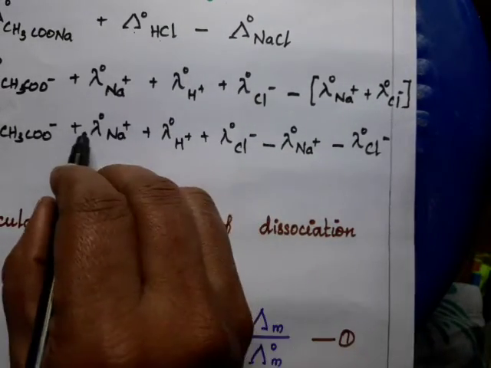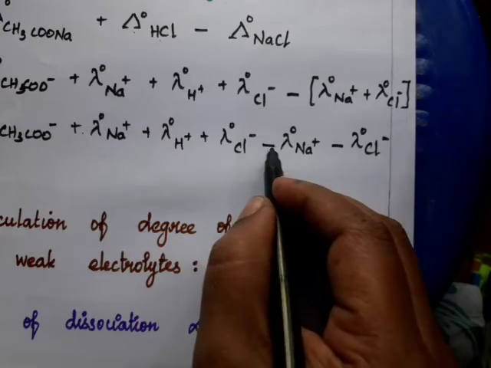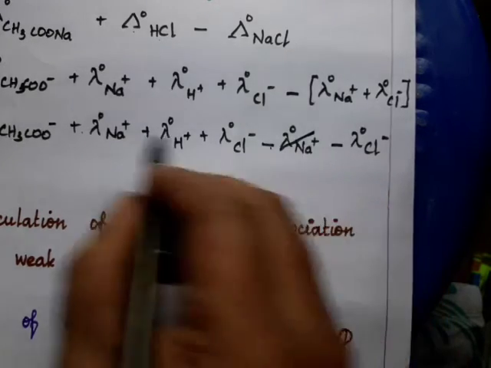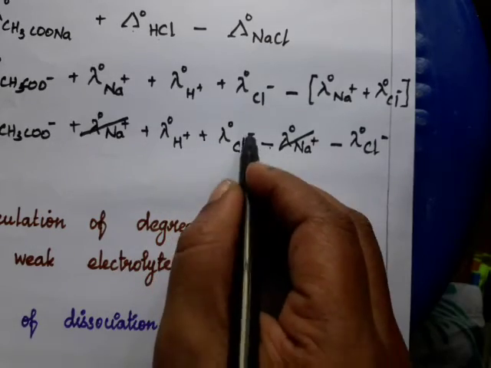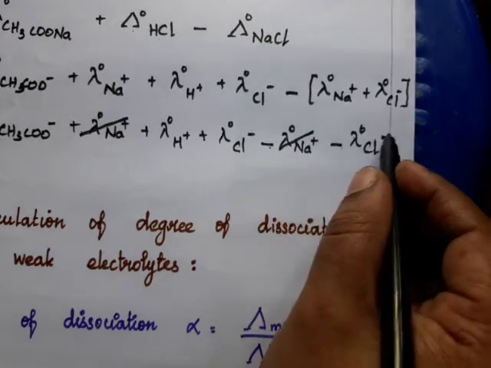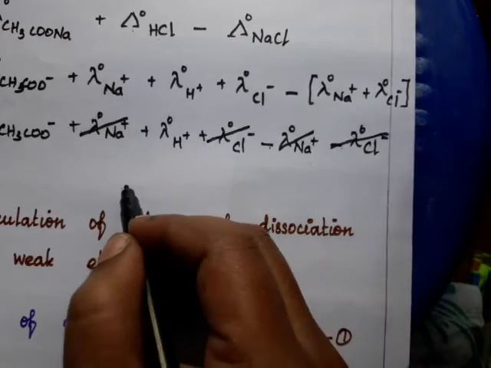So here we have plus lambda naught Na plus minus lambda naught Na plus. Let me cancel these two terms, and likewise plus lambda naught Cl minus and minus lambda naught Cl minus. These two terms will be cancelled.